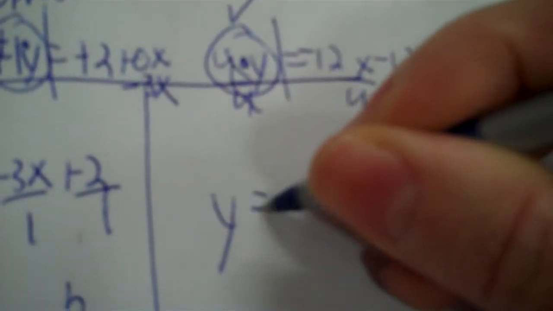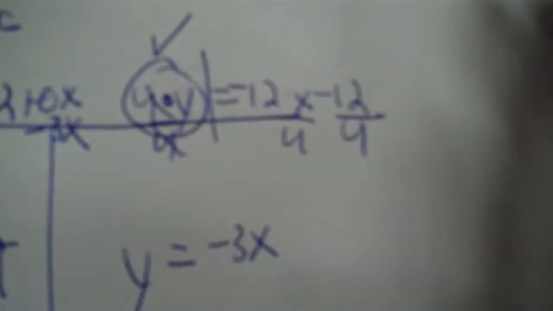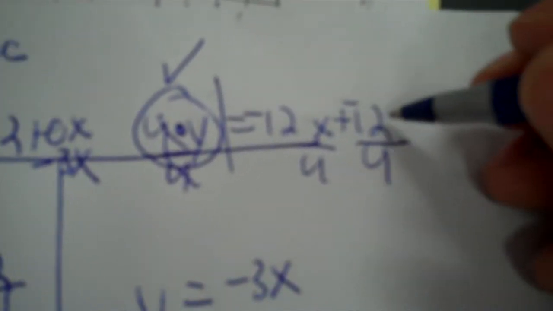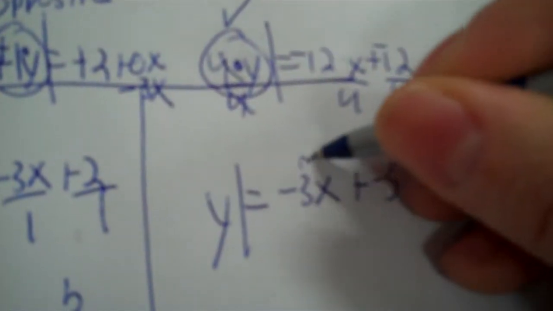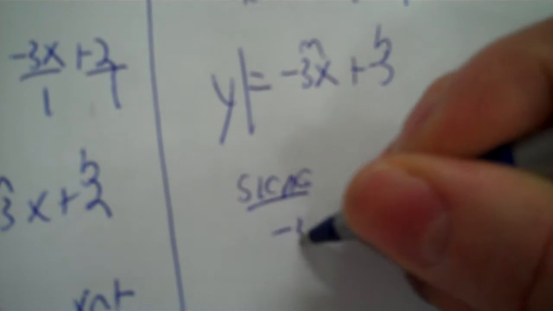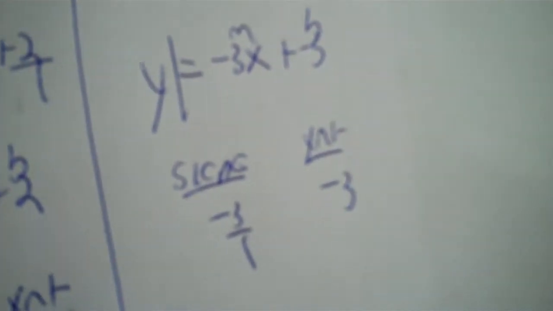So you're going to have y equals negative 12 divided by 4, which is negative 3x. Remember, if it's a decimal, you leave it in fraction form. Then minus, I make it plus negative, negative 3. So you have the slope as negative 3 over 1, and the y-intercept is negative 3.